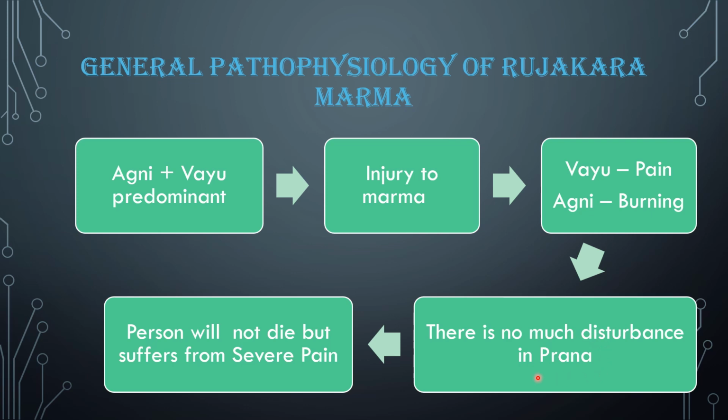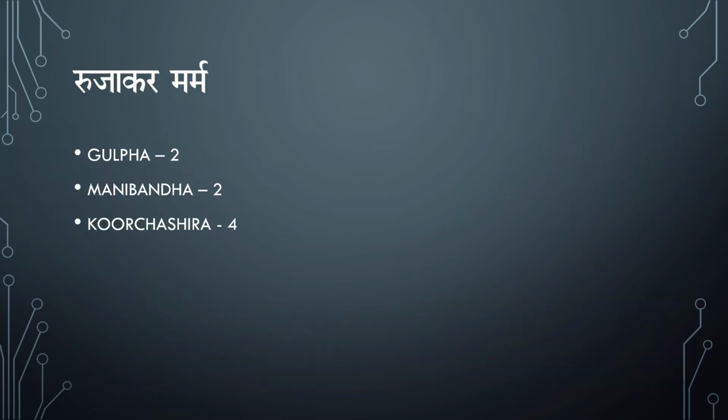The prana will not be disturbed here. The person will not die but suffers from severe pain. So here, there is no risk for the prana, but the person will have severe pain. Rujakara Marma are 8 in number: Gulfa 2, Manibandha 2 and Kurchashira 4.